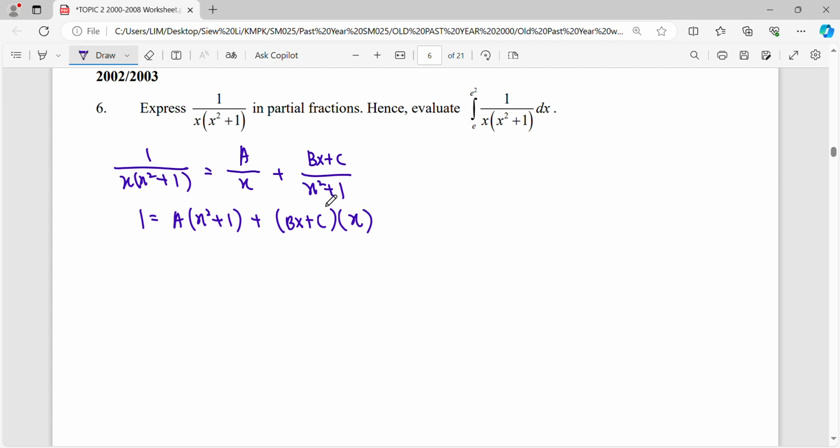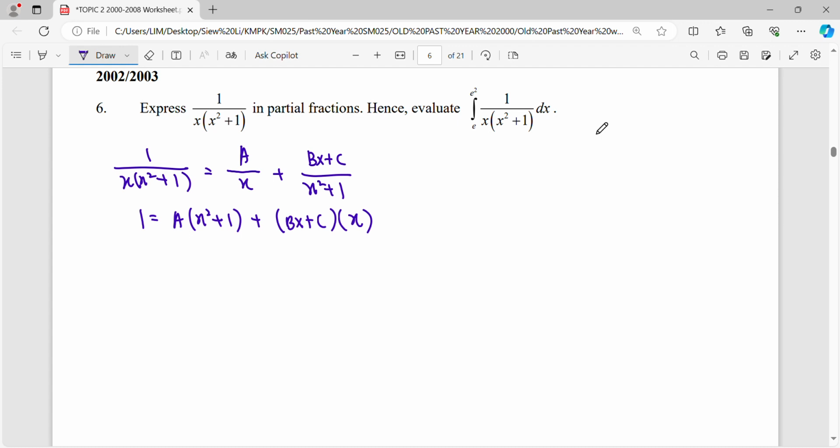Alright, then from here, we have to identify whether we want to use the let method or the comparison method. We have A, B, C, three unknowns. If we use let, we have three values, but from here we only get x equals to 0. So we still need 2 random numbers, which will give 2 simultaneous equations, so the steps are a bit longer.